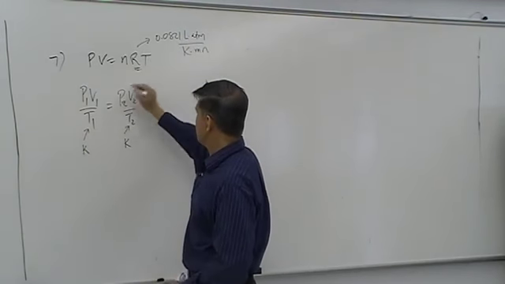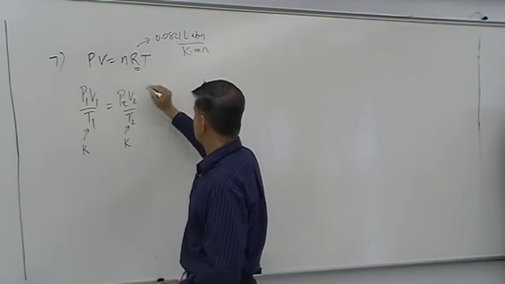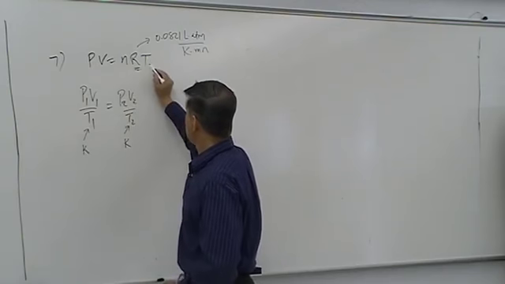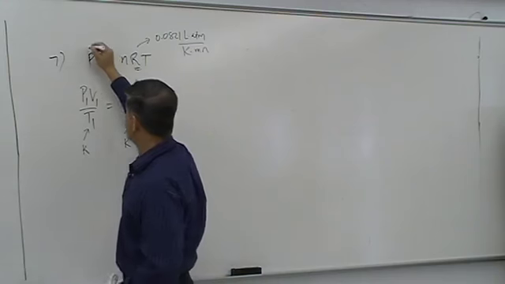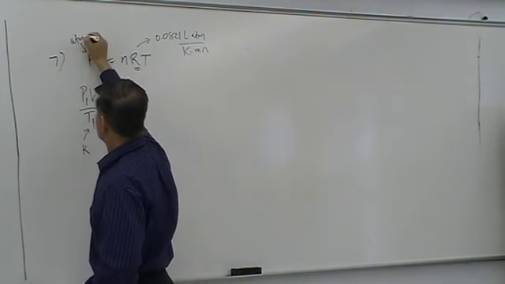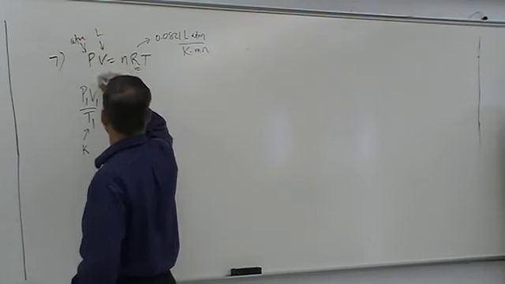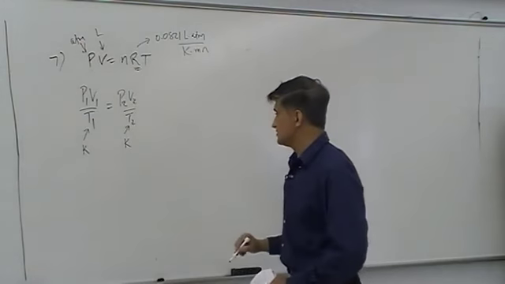So temperature has to be in Kelvin in both equations, but this has the number of moles, and pressure has to be in atmospheres if you're going to use this. And volume has to be in liters. That way we'd be all consistent with the units.